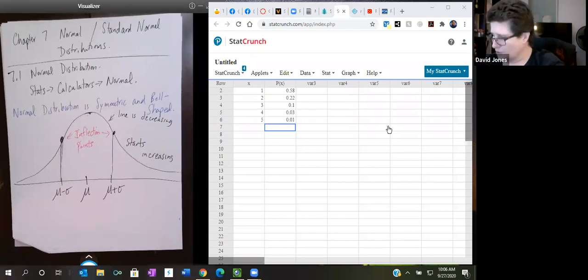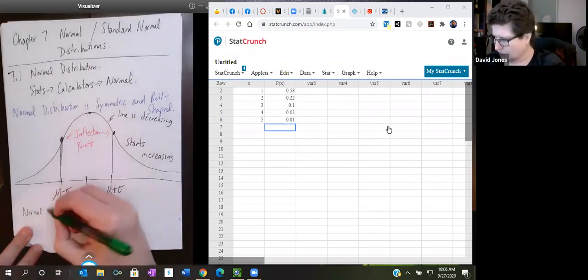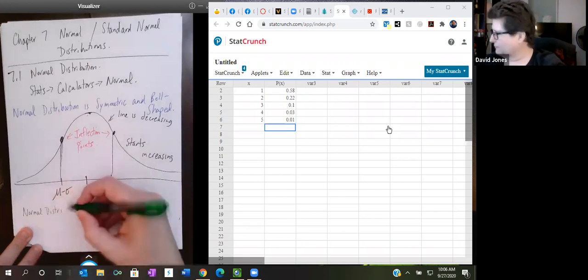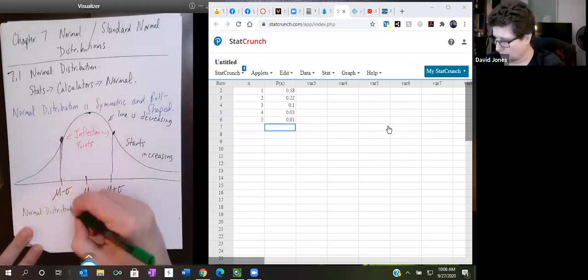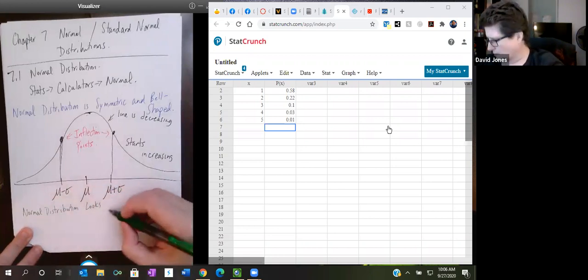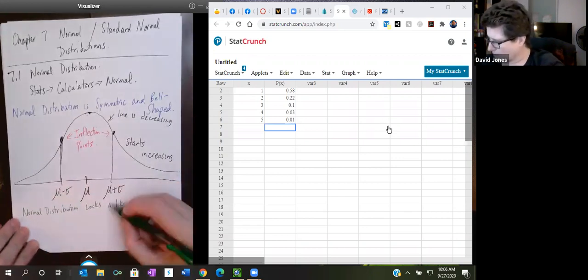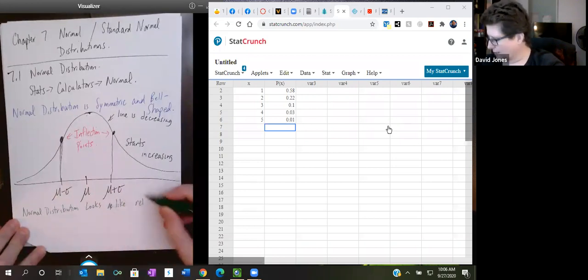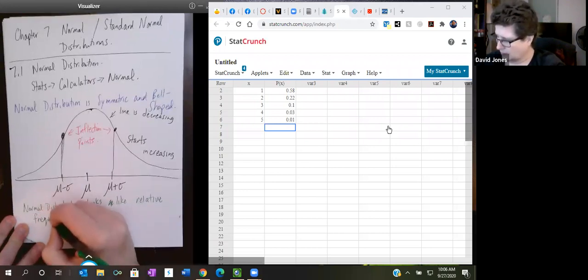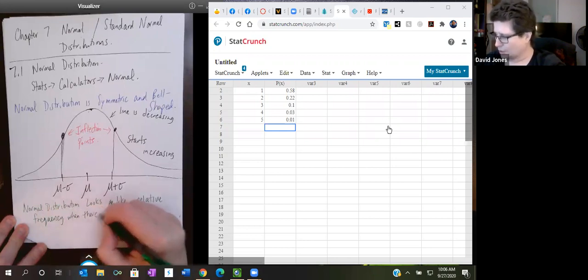And hopefully you notice that a normal distribution looks a lot like a relative frequency. It looks like relative frequency with bell-shaped data, when there's a lot of data that makes a bell shape.